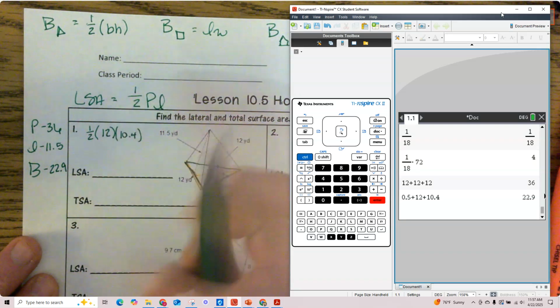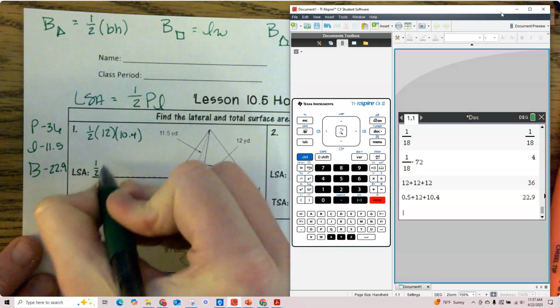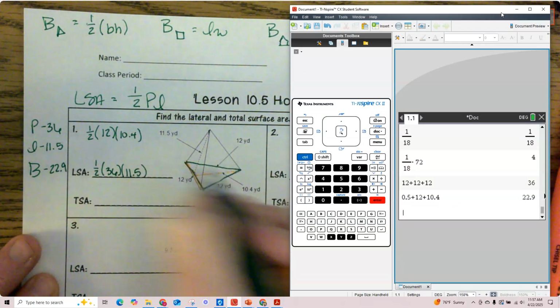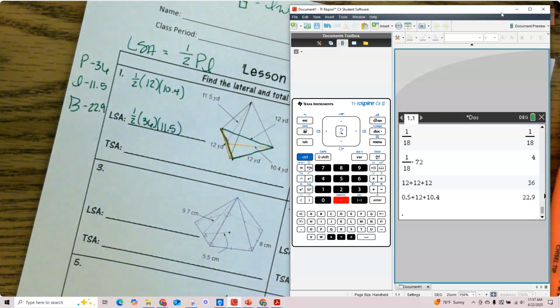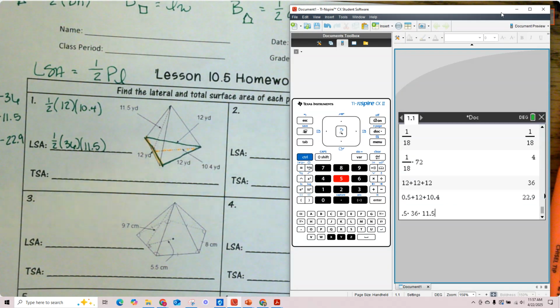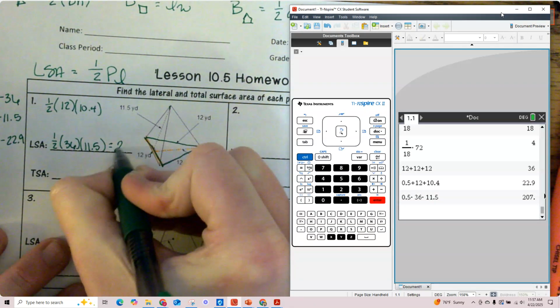All right, lateral surface area, 1/2 the perimeter times the slant height. And we get 207.